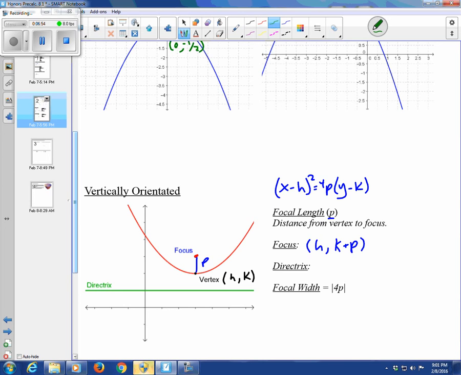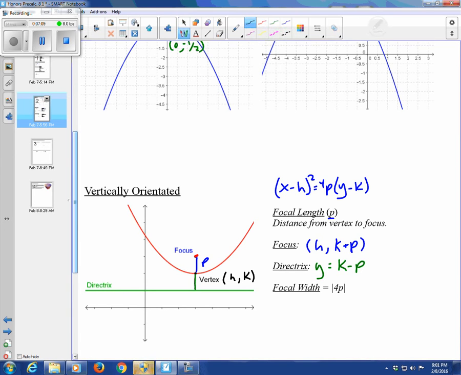Similarly, we can say that we are going p in the negative direction to determine the directrix. So right here, we have y = k - p as the horizontal line that defines the directrix.